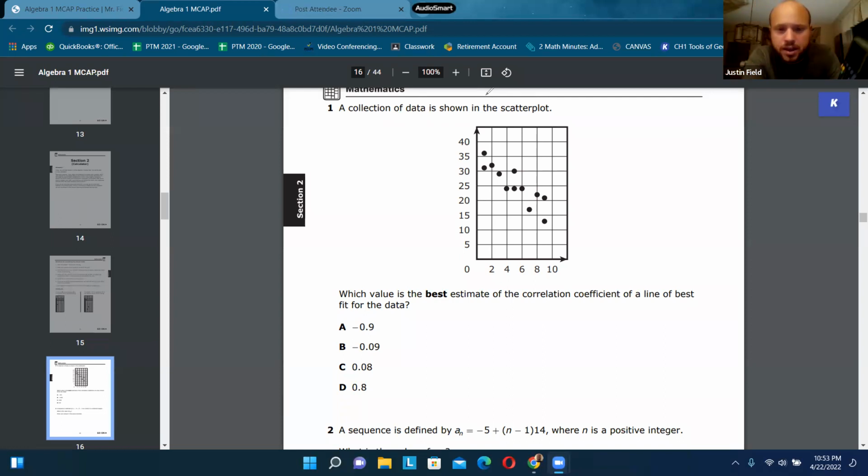All right, so let's see. I have X values of 1, 1, 2, 3.